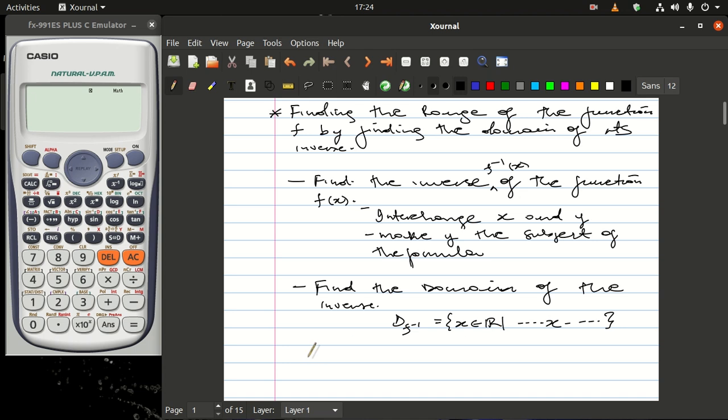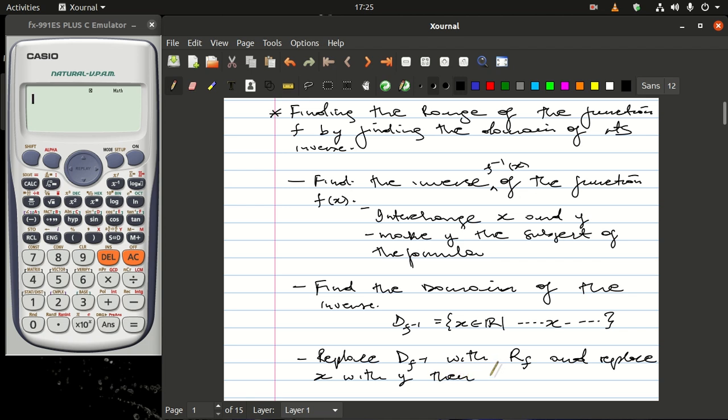And then the next step that you will do, you will just replace D of f inverse with R of the original function and replace x with y.